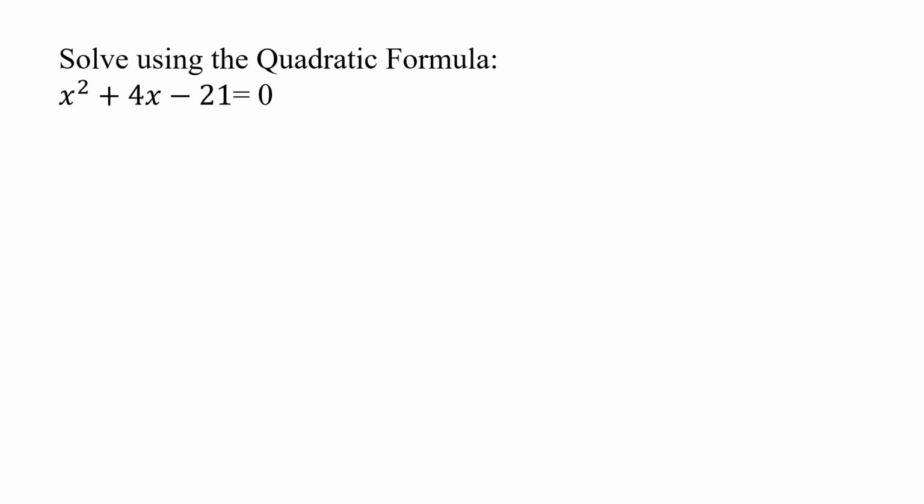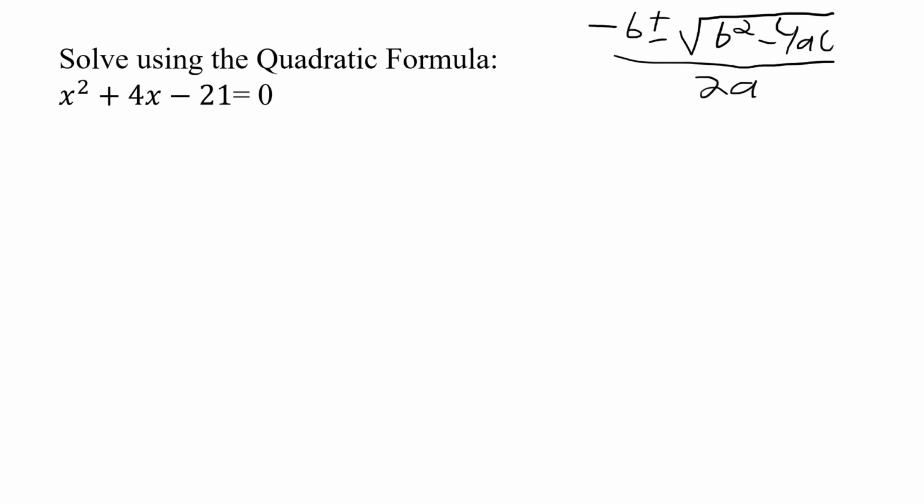Right, so just like all the finer things in life, if you want to get it down, you need to practice. So let's start by rewriting our quadratic formula so we remember what it is. Our quadratic formula is negative b plus or minus the square root of b squared minus 4ac all over 2a. Now what we need to do is identify our a, our b, and our c.